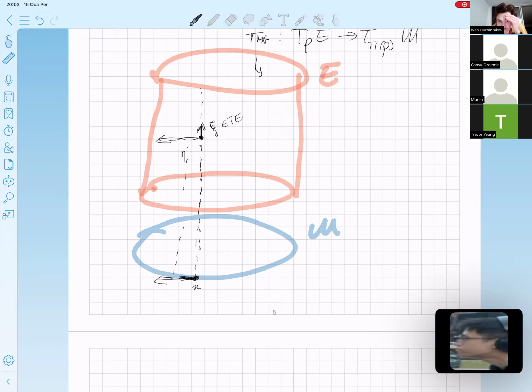It's coming a little bit out of the page and to the side. If you project it, it will be this vector. Now this is also tangent to x, right?